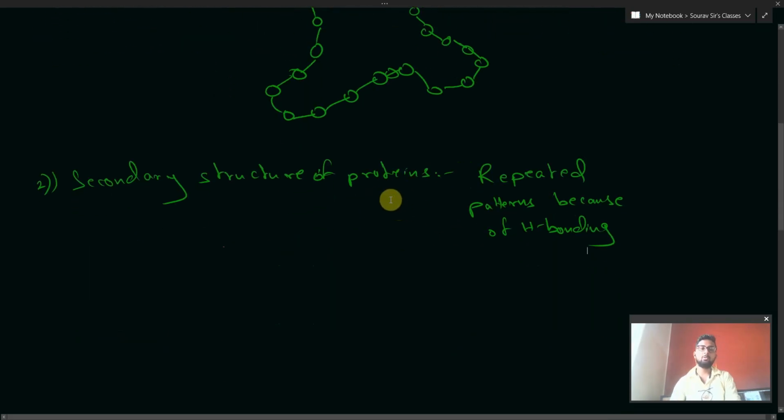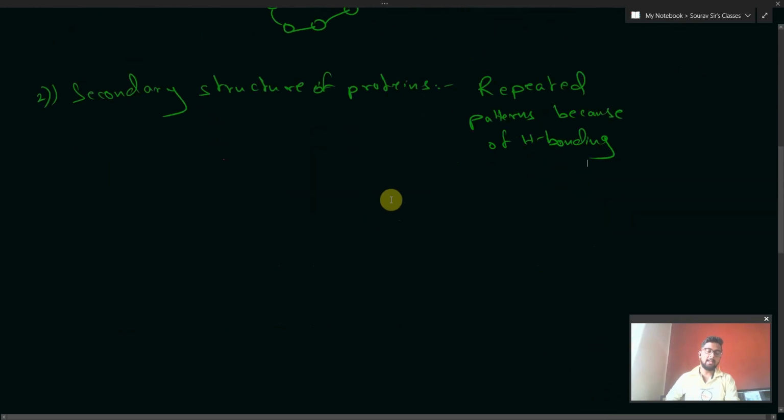Two types of structures can be drawn from it. First of all is the pleated sheet. The structure of the pleated sheet is kind of difficult for me to draw. This is basically the pleated sheet that we're talking about.